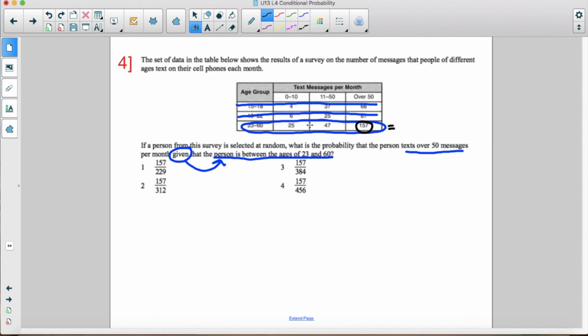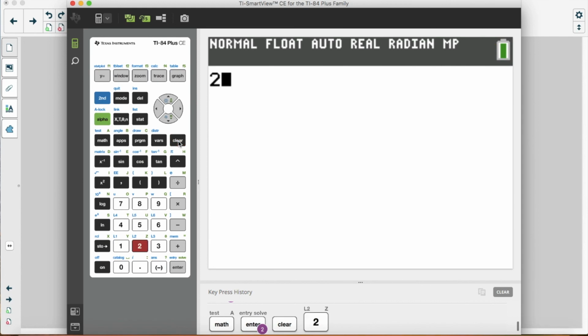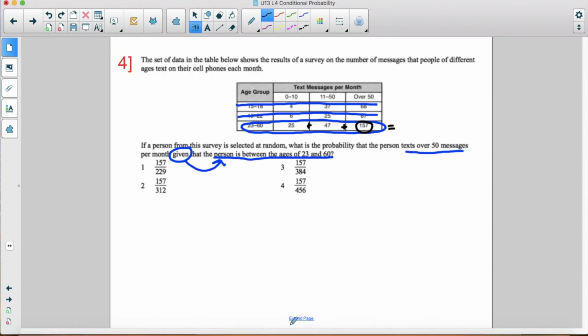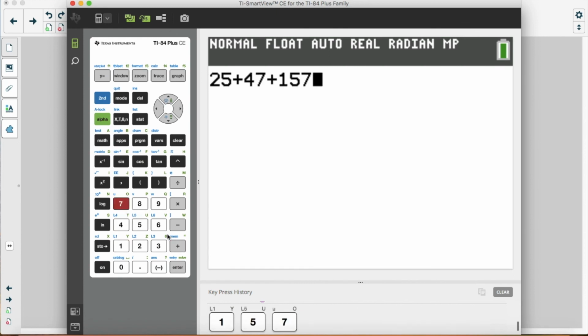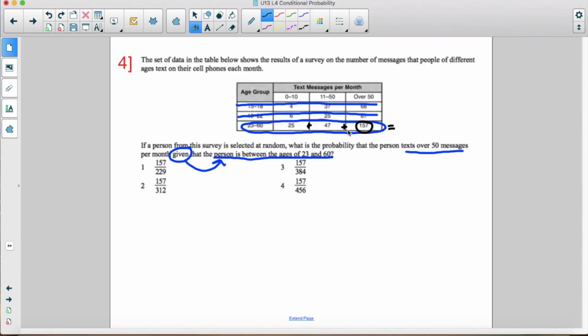So we have 25 plus 47 plus 157, and we get 229. Now to write our probability, the total goes on the bottom of the highlighted column, so 229. The circled number goes on top, so 157. 157 over 229 is answer choice 1.